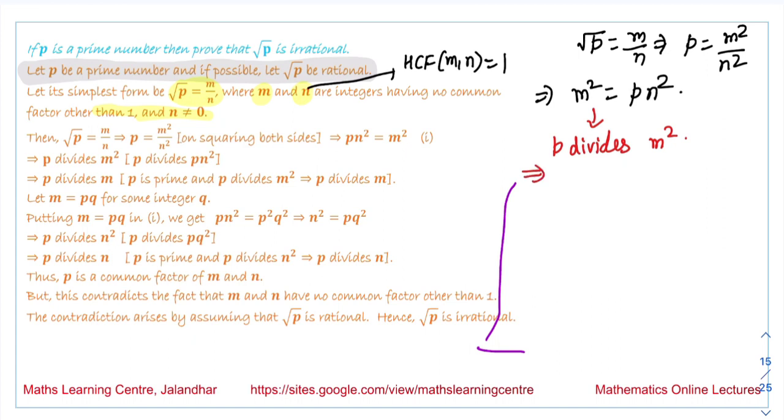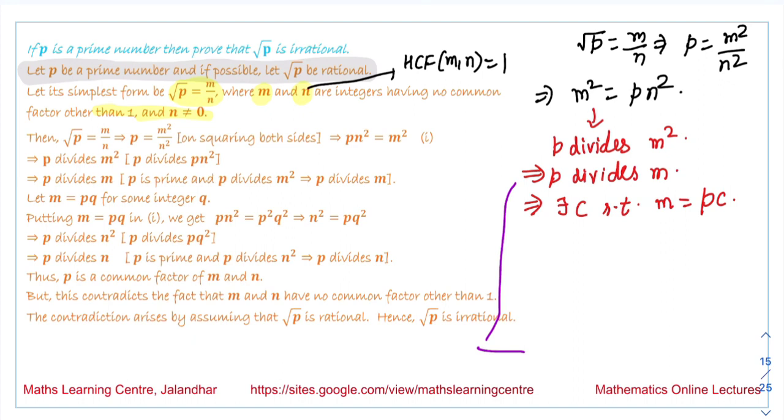We know that if P divides m square, then P divides m. If P divides m, then there exists a C, this is the symbol for there exists, such that m is equal to P C.